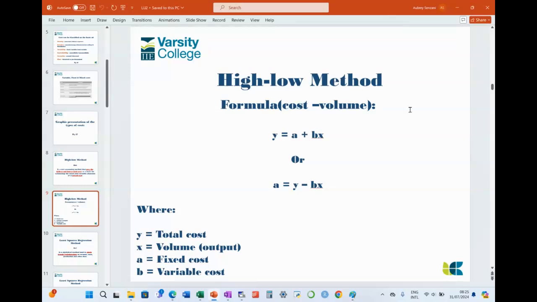Yes, linear regression. So here you can see A would obviously be your fixed cost, and your variable component would be B. X would then be your number of units, and Y would be your total cost.